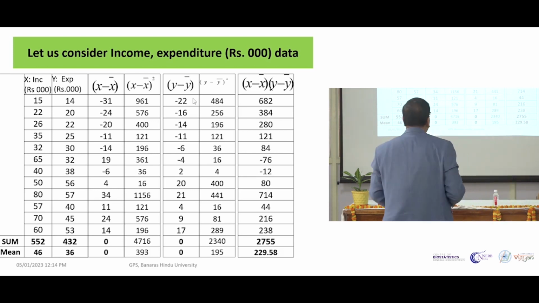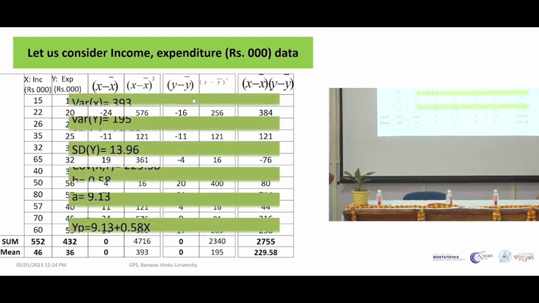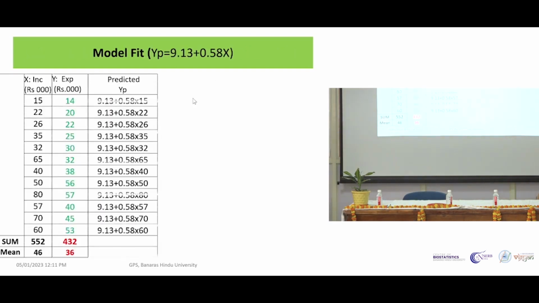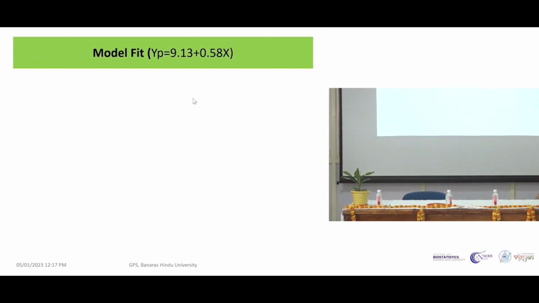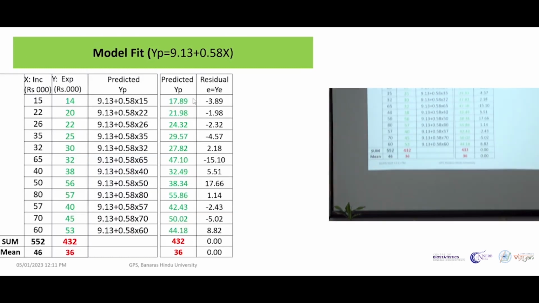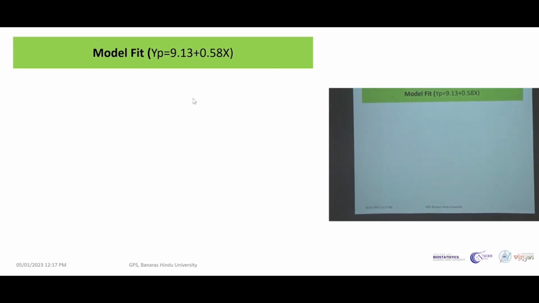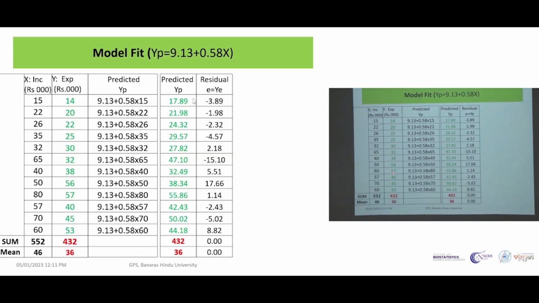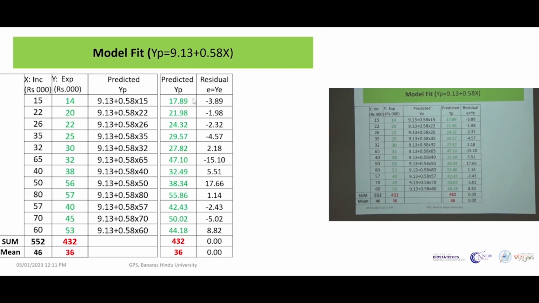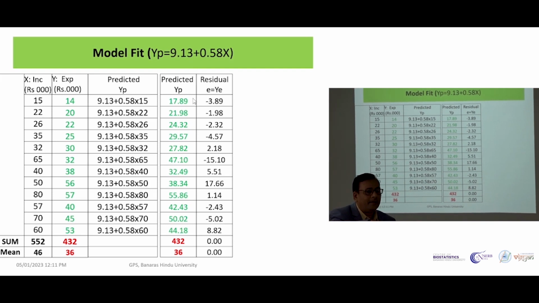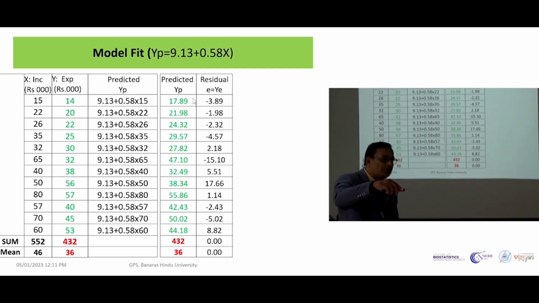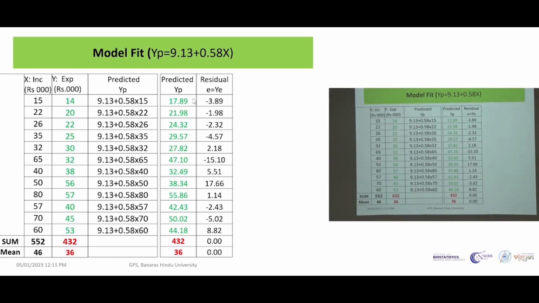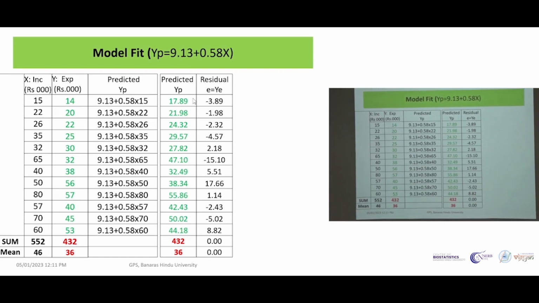Now, so this was my data. The information available in this data is by the effect of so many sources, and out of those sources, one source is income.